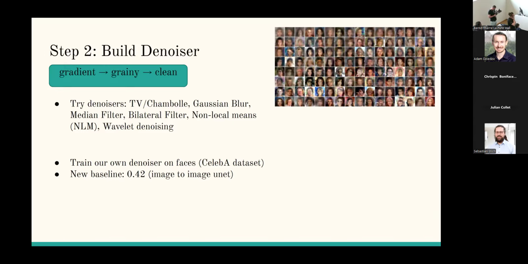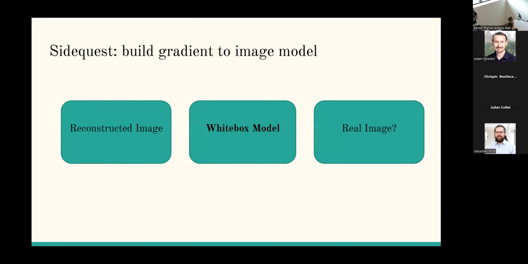Using those gradients, we can now technically recover faces, right? So we had blurred faces, and then we built a U-Net to convert the blurred faces into our source of truth, ground truth, perfect identical faces. Yes, this worked super well to begin with. It was a good starting baseline.